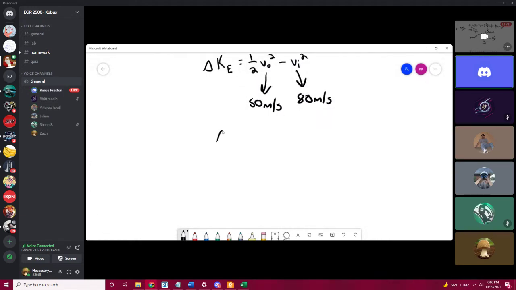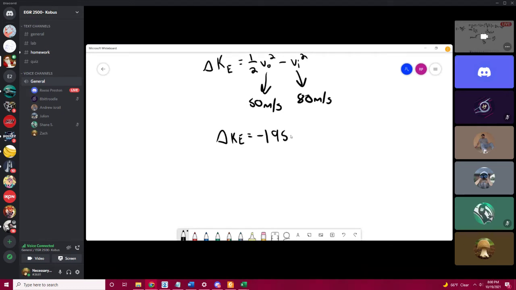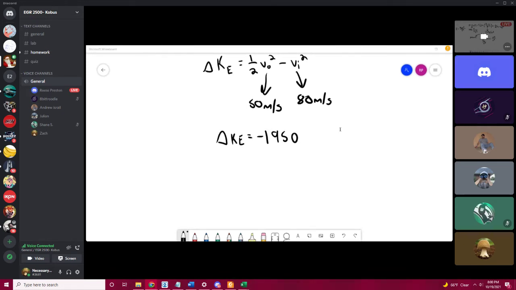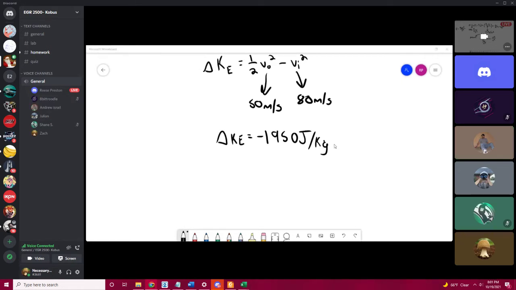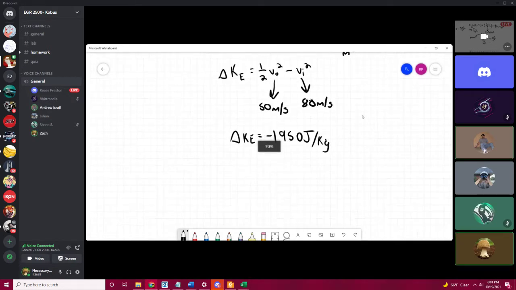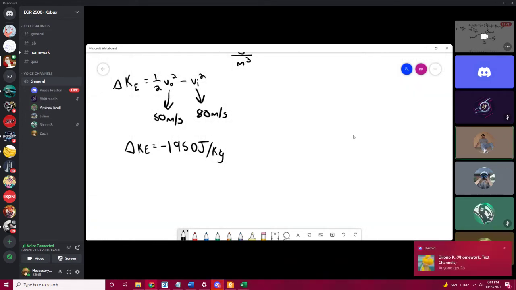Say that again. You should have negative 1,950 meters squared over second squared. Okay, that's there, isn't it? Yeah, 1,950. And so the conversion I used for that was watts over joule. So basically, I used 1/1,000 joules.